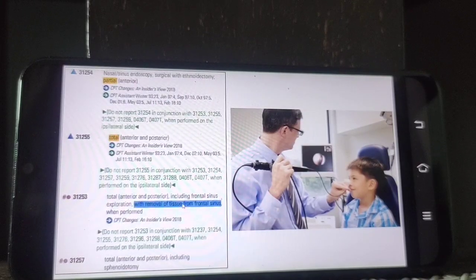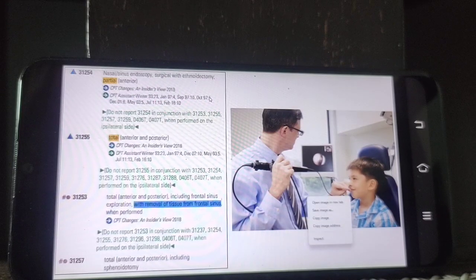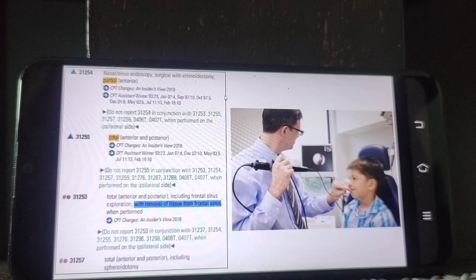Ma'am, 31257 doesn't include the removal of tissue from the frontal sinus. No. Please read the code description of 31527. Here they mention total anterior and posterior. I am saying this includes only the ethmoidectomy and the sphenoidectomy.